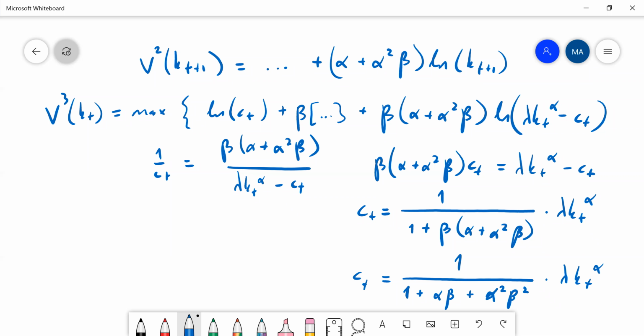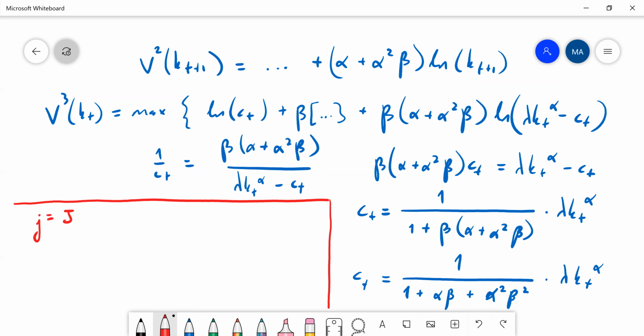at some j, at some very large j, if you keep doing that, at some point you're gonna find a consumption function. Okay, so this was iteration 3. So you're gonna find this as 1 over 1 plus alpha beta, alpha beta square, dot dot dot, alpha beta j minus 1.